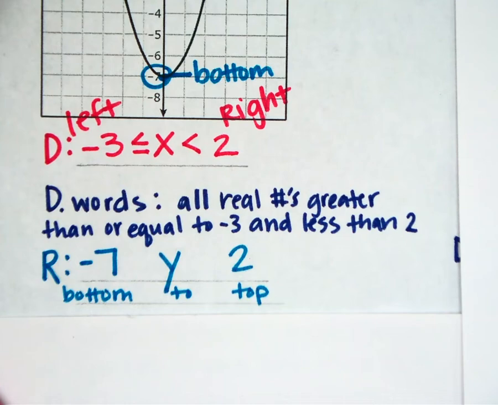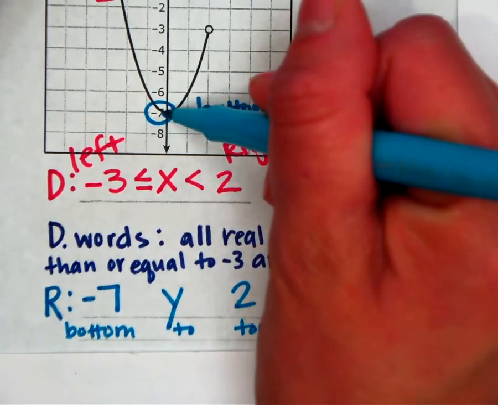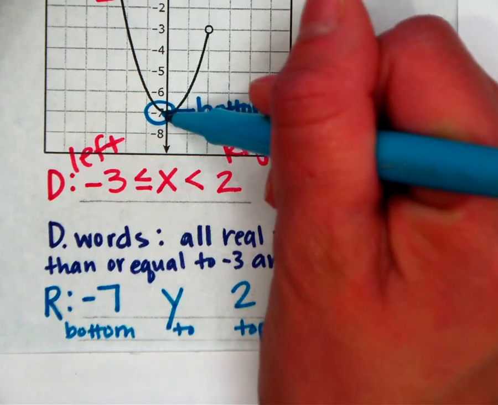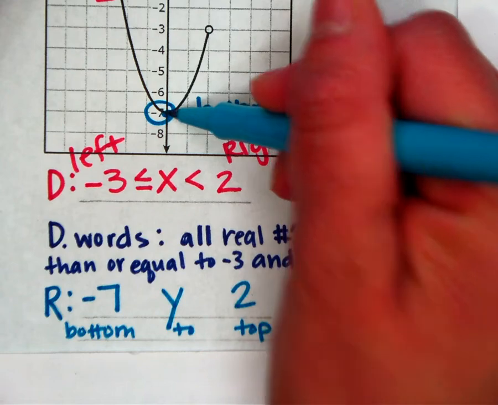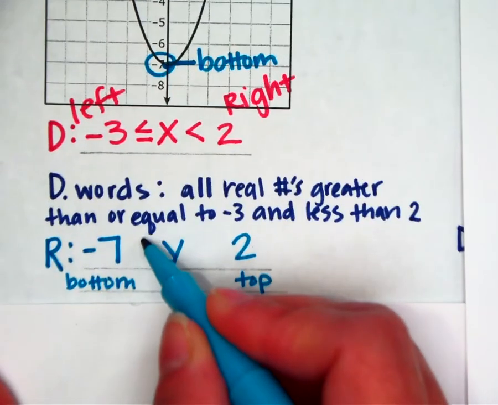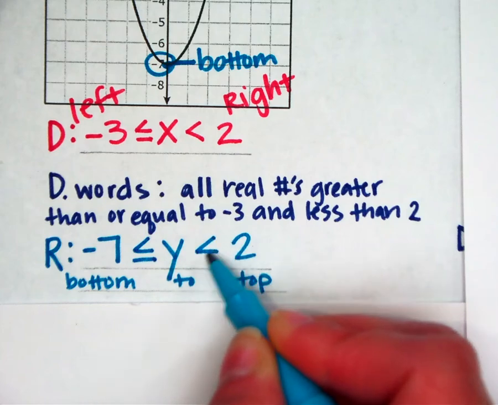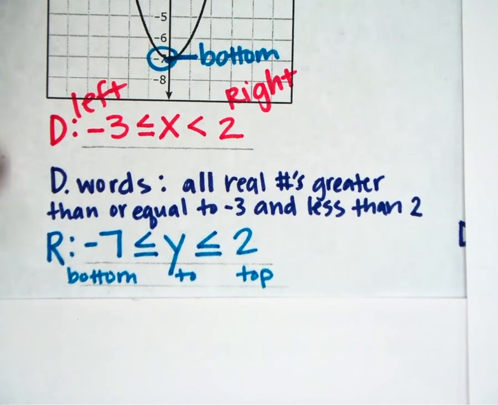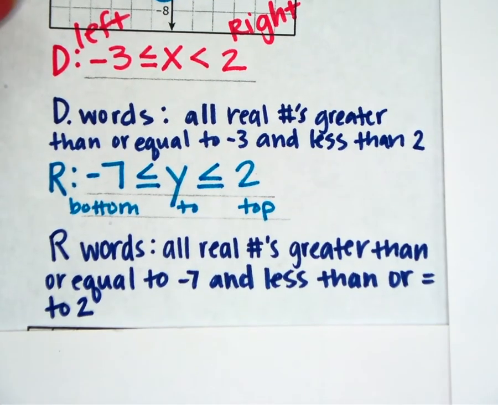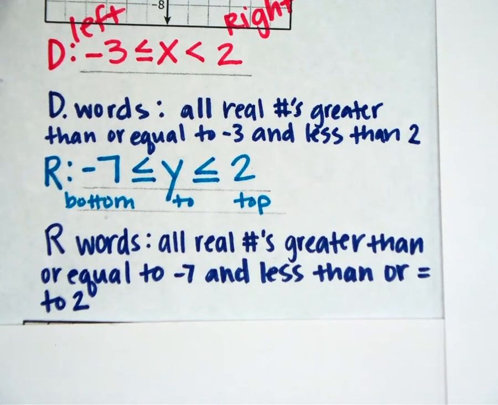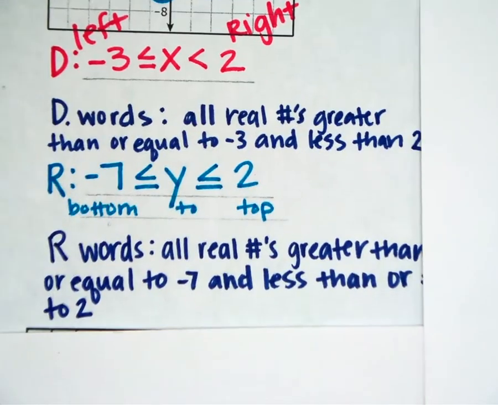You're not using greater than or equal to. So at my y value of -7, we're going to say -7 is less than or equal to y, which is also less than or equal to +2. Those are the two symbols you would be using since there are closed circles at both of those numbers. Now let's look at another example.